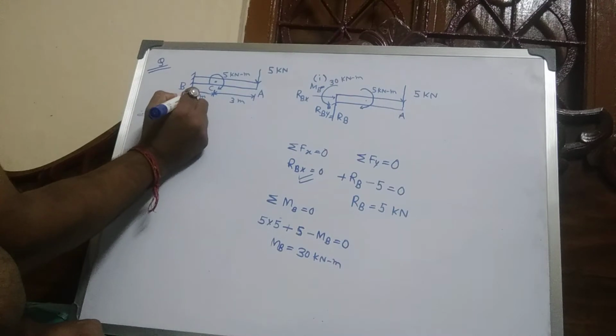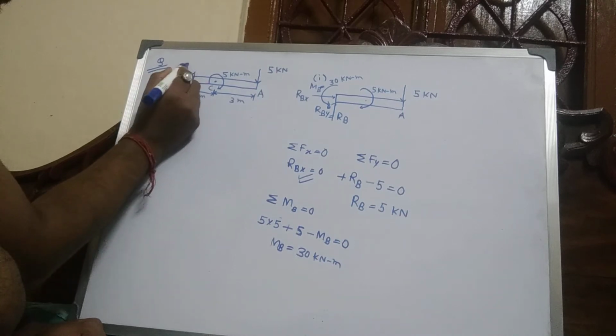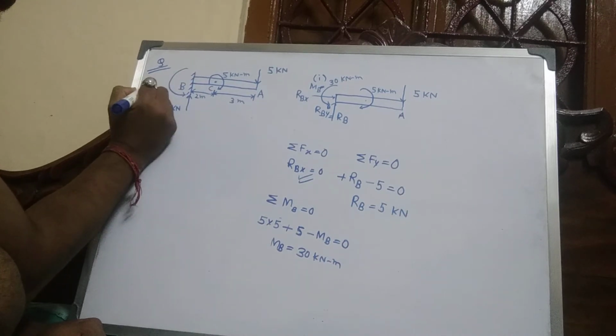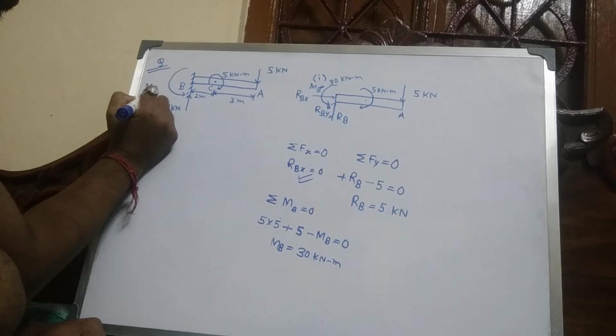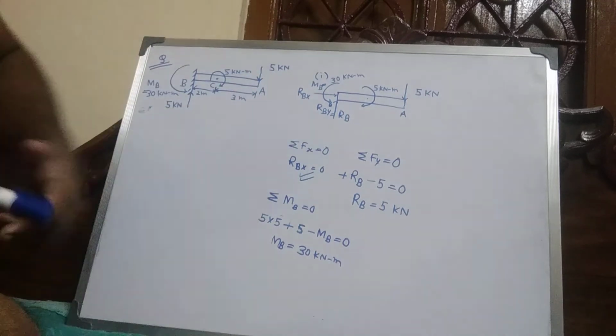So here Rb equal to 5 kilonewton, and here MB equal to 30 kilonewton meter.